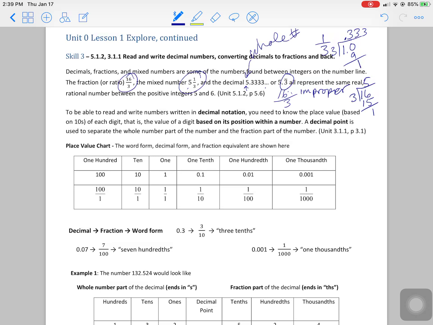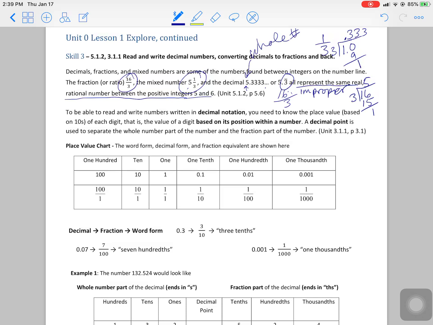They all represent, let me read right here, they all represent the same real rational number between positive integers 5 and 6. So you could find it on a number line between the positive integers 5 and 6, this one measurement or size of a number.